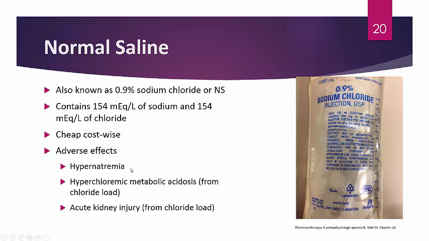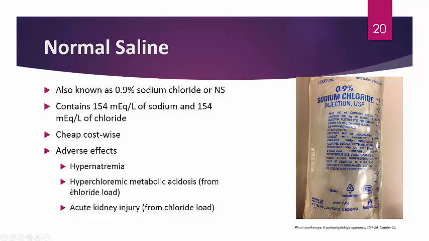Some adverse effects you may see from normal saline include hypernatremia, because this concentration of sodium is higher than the normal amount that we typically have in our bodies. You also may develop hyperchloremia, as the chloride concentration of the solution is relatively high compared to the 95 to 105 milliequivalents per liter we have in the body.